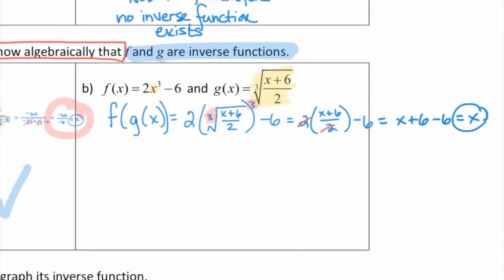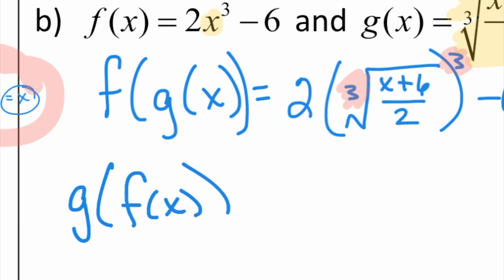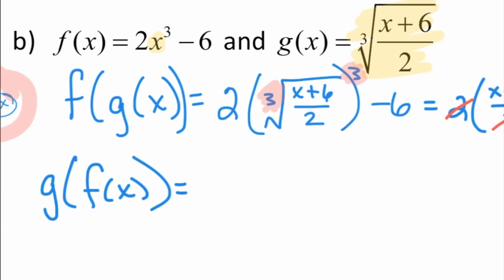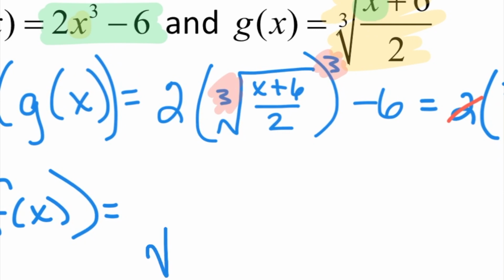And then I'm going to do the g of f of x. I'm going to do the other composition. So g of f of x means that I'm going to take the function f, and I'm going to put it right there where that x is in g. And what that's going to look like is big monster cube root.